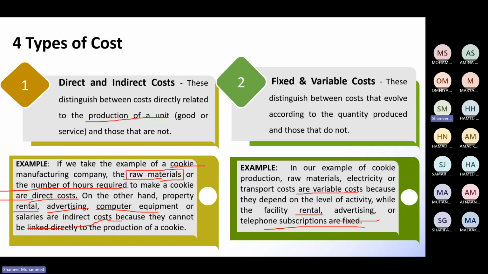So these are your fixed costs and these are your variable costs. Variable means what? Different, that is, changing. One month you may get the items for less money. The next month, the same items will become very expensive. So raw materials will become very expensive in the next month. That is called variable cost, right? So fixed cost, variable cost, direct cost, indirect cost.